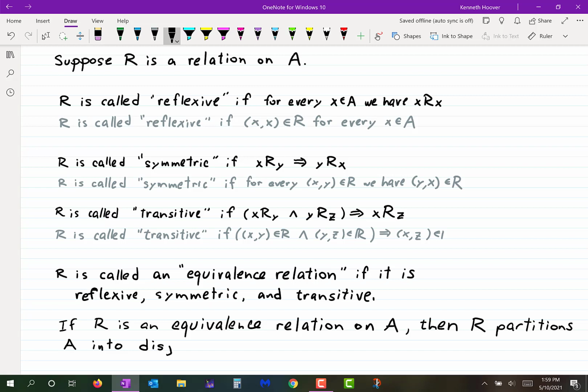If you don't know what that means, hold on a second. Disjoint means having no intersection.